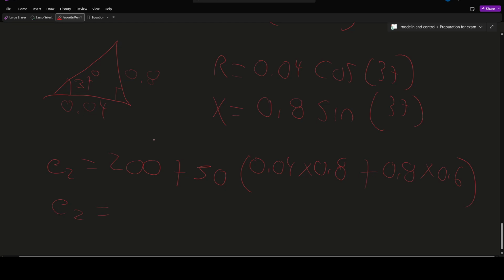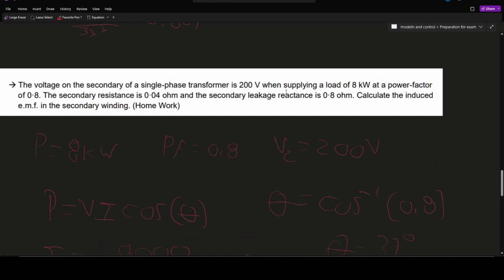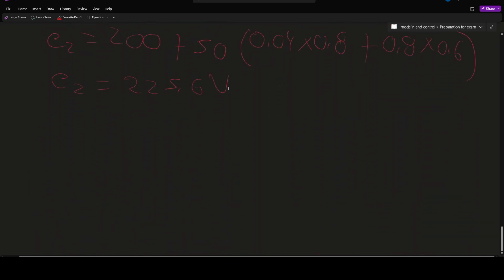This gives us a total of 225.6 volts. And that's how we calculate the induced EMF on the secondary.